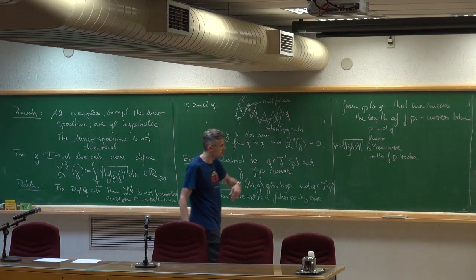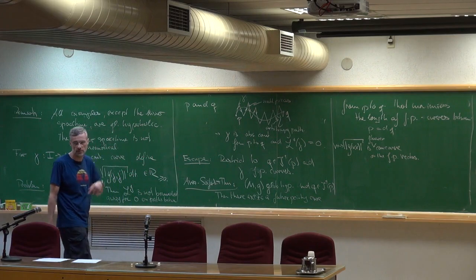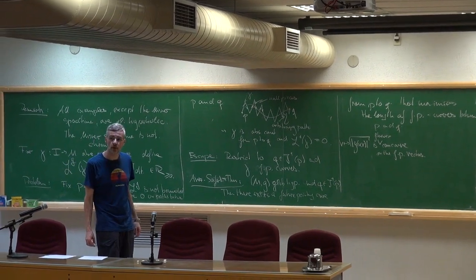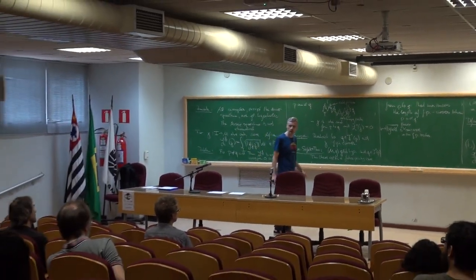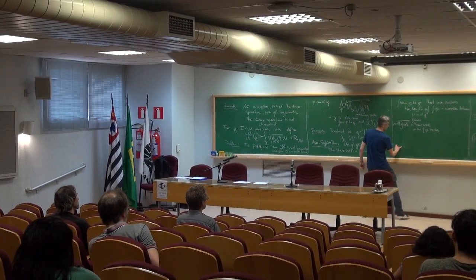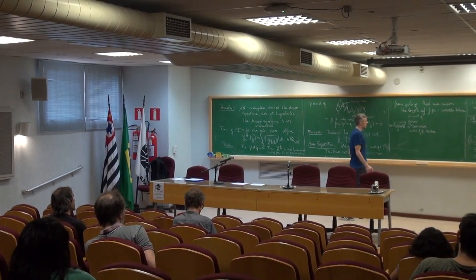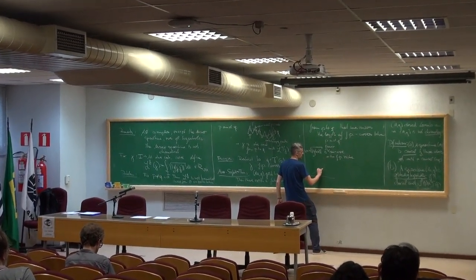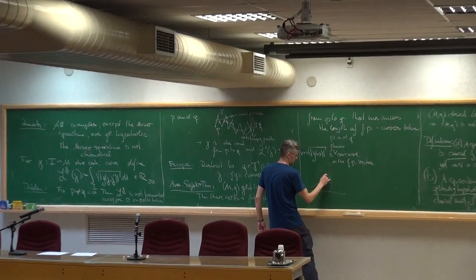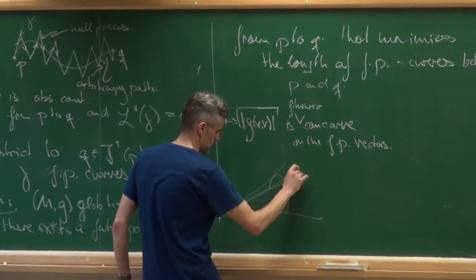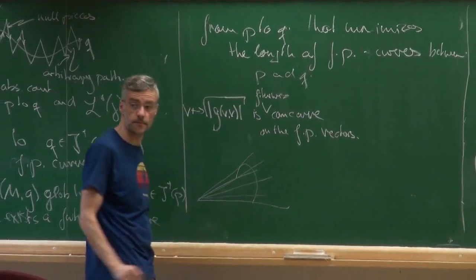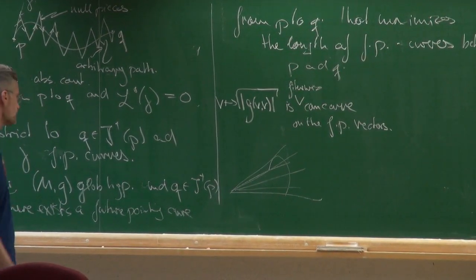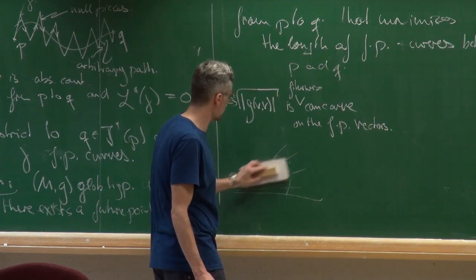Yeah? Those vectors have negative inner product with this vector field. Why is it concave? Well, it's a one-homogeneous function whose cross section looks like this. Let me put it another way.